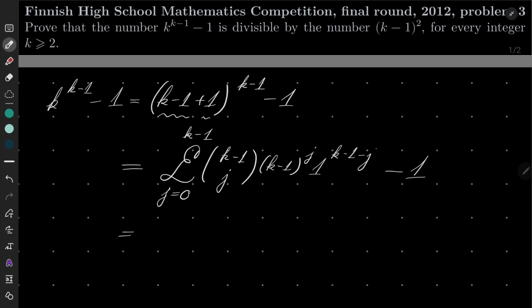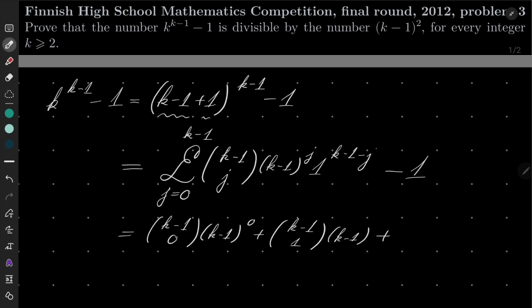Okay, now let's simplify it a little bit, and also let's separate the first two terms of our sum. So let's write our term for j equals 0 separately, and the term for j equals 1 separately.